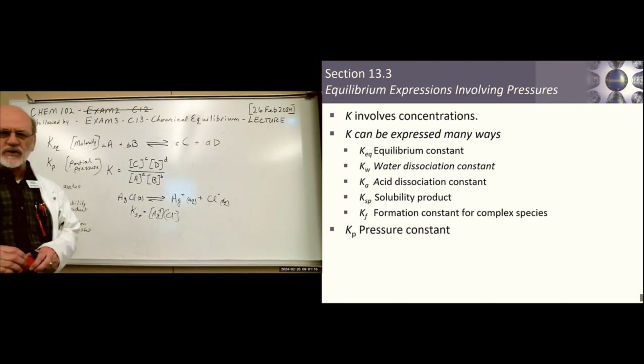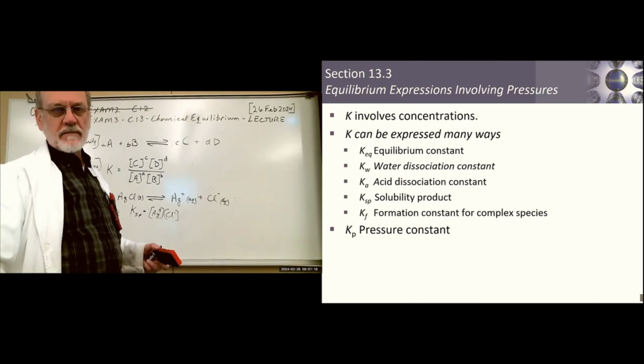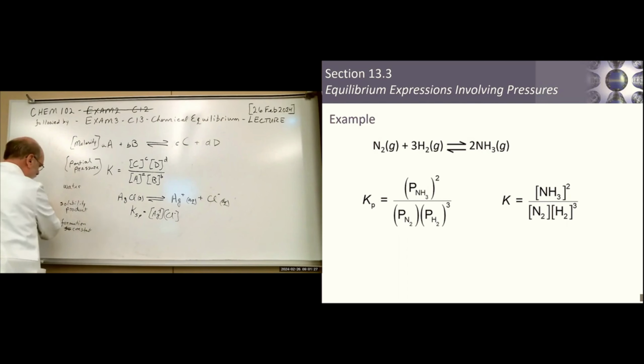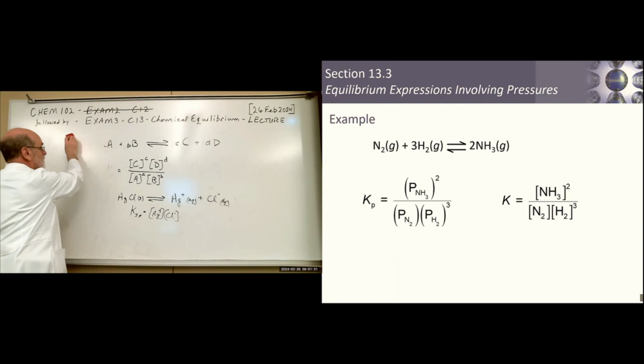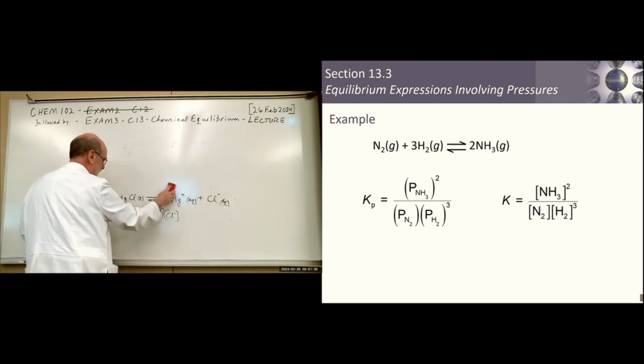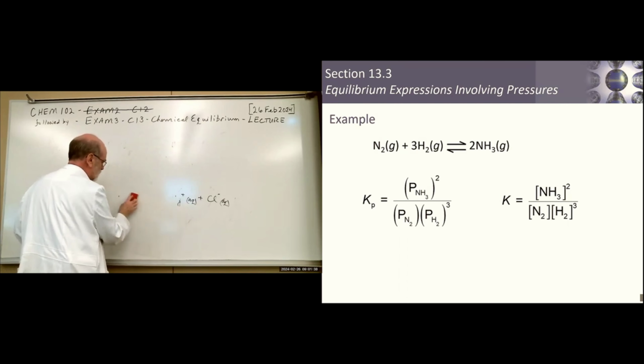All right, so those are special cases for the K subscripts. And here's our example with Haber-Bosch. And since all reactants and products in this equation are gases, they can be expressed in terms of partial pressures.